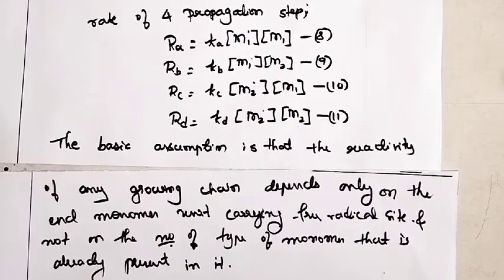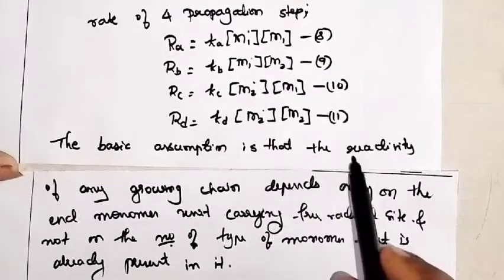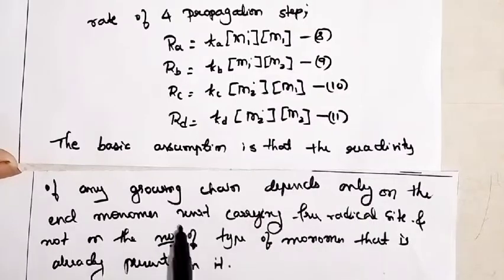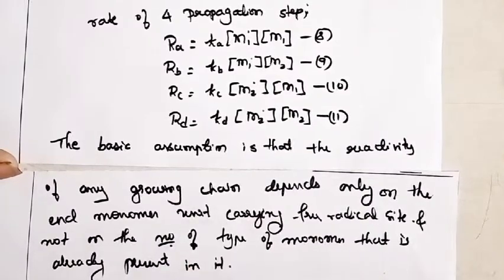So what's the meaning? The basic assumption is that the reactivity of any growing chain depends only on the end monomer unit that is carrying the free radical. Whatever other monomers are present in the chain, it doesn't depend on that.